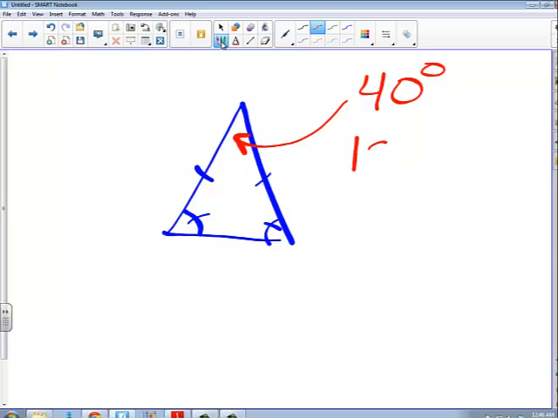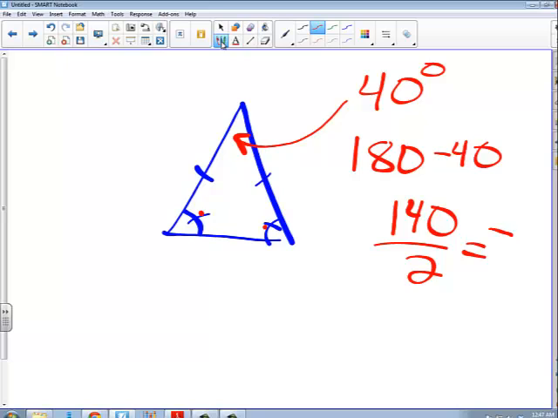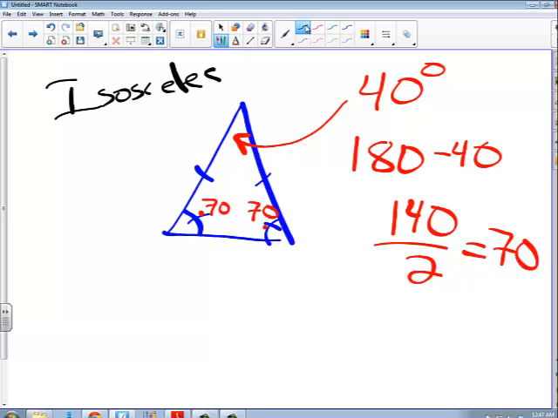Yeah. Take 180, subtract the 40, you get 140. And because those two are the same length, you just divide that by 2. So it would mean that the other two angles are 70. Okay, so this triangle then, if I wanted to identify it, it is isosceles. So between scalene, isosceles, and equilateral, it is isosceles.